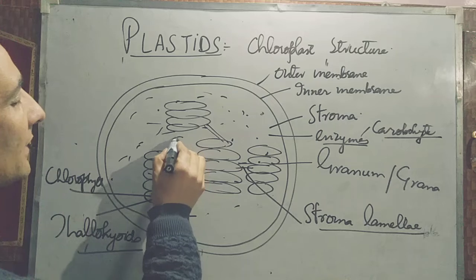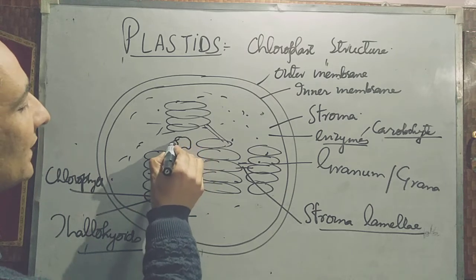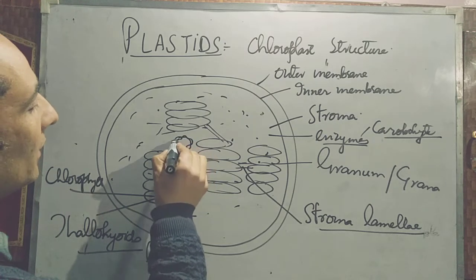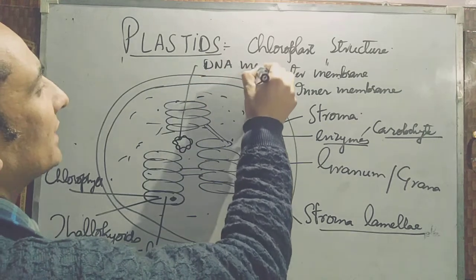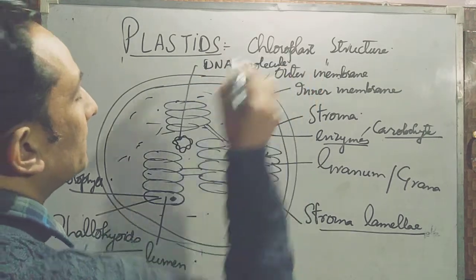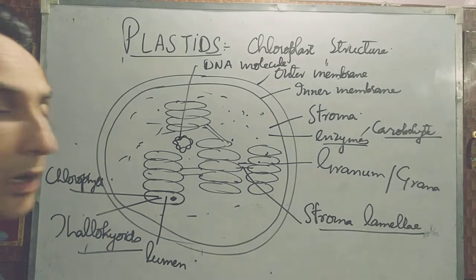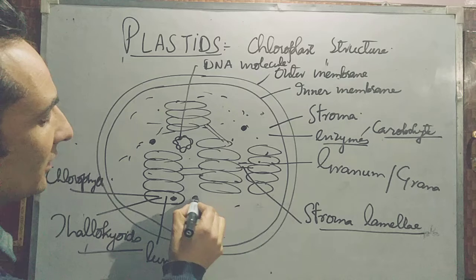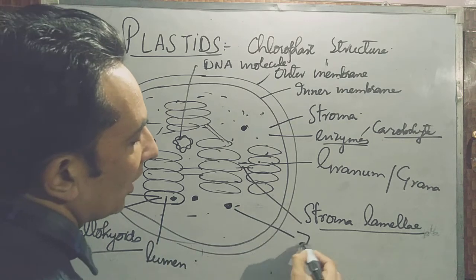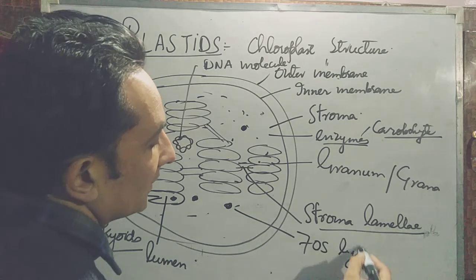Then there is a double-stranded, closed circular DNA molecule present here, and there are also ribosomes in the stroma, and the ribosomes are of the 70S type.